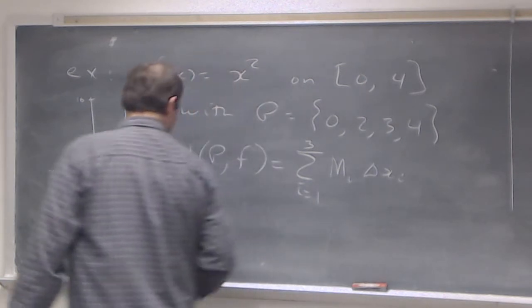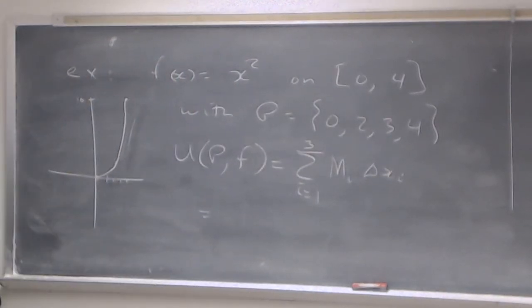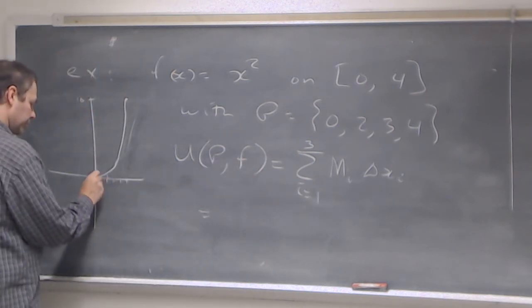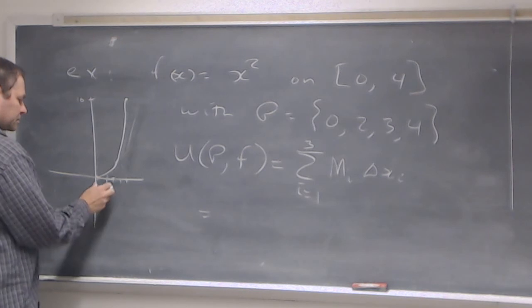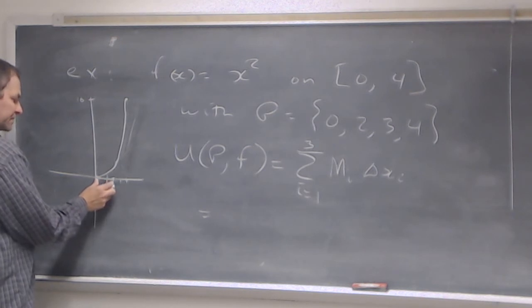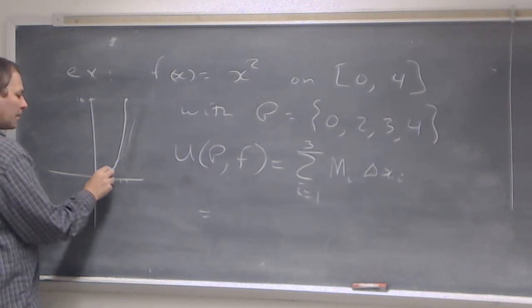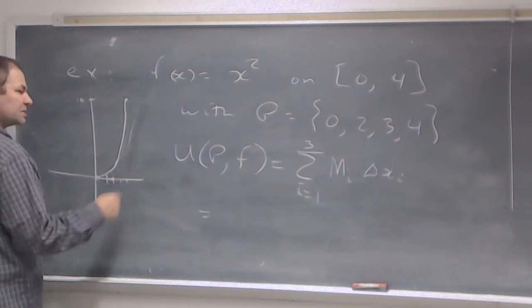Looking at the sub-interval from 0 to 2, out of all the output values, what's the biggest one?